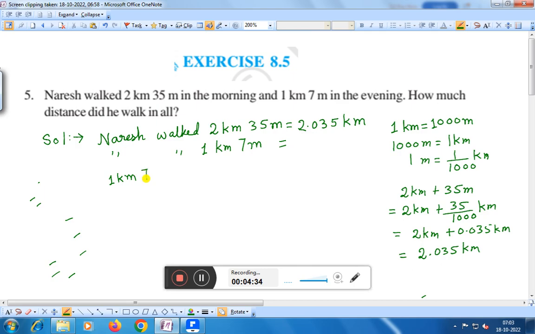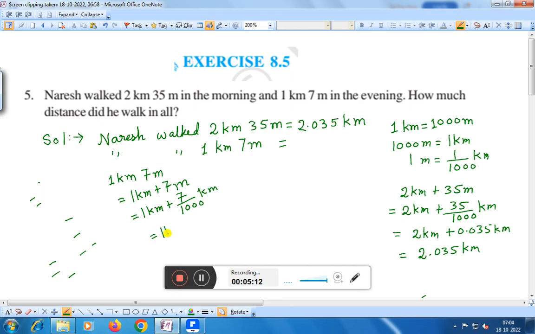Therefore, you can write 1 kilometer plus 7 meter. That is equal to 1 kilometer plus 7 by 1000 kilometer.